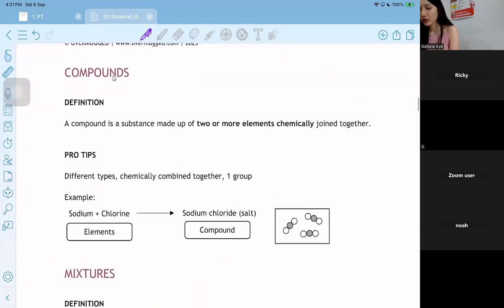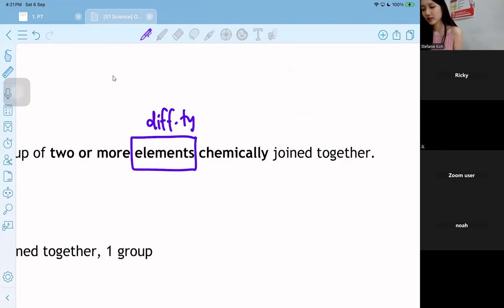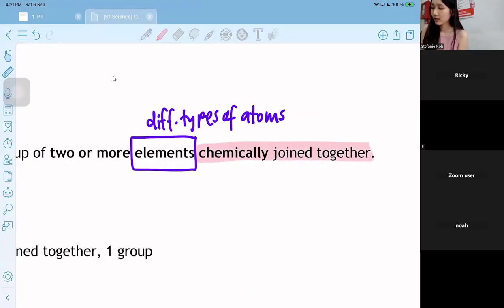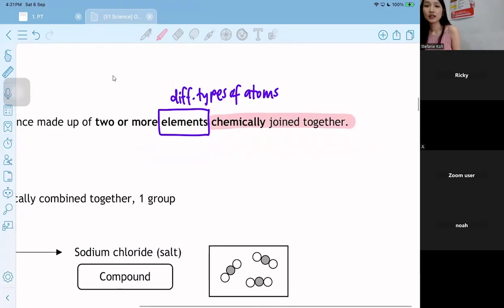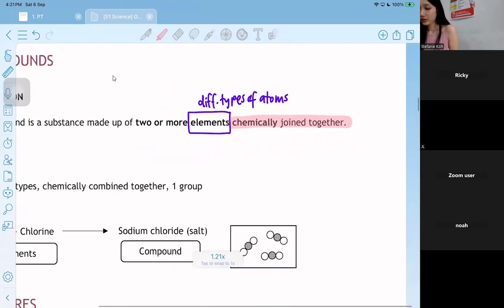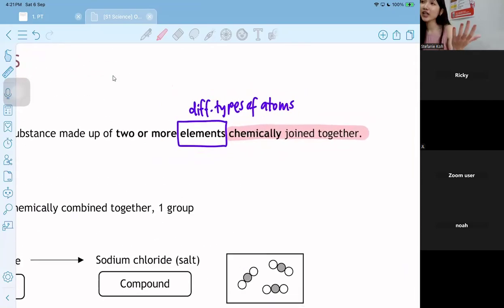Then for compounds, you have 2 or more different types of atoms chemically combined. Chemically joined means they reacted in a chemical reaction, causing them to combine.